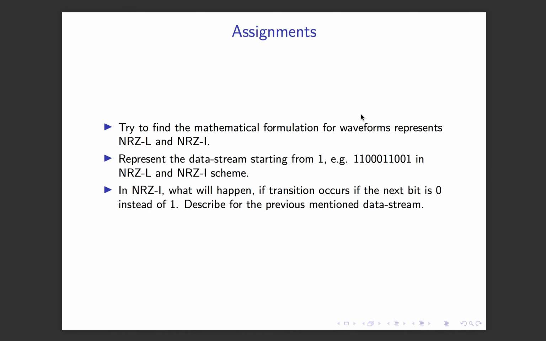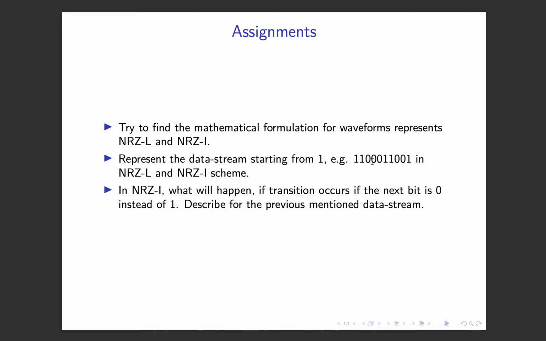So these are the assignments. Here we can think about the NRZ-L and NRZ-I schemes for this pattern, and as we have discussed in the unipolar coding, and we have shown how to write the mathematical expression for these waveforms, I expect you can write the mathematical expressions for the NRZ-L and NRZ-I schemes.